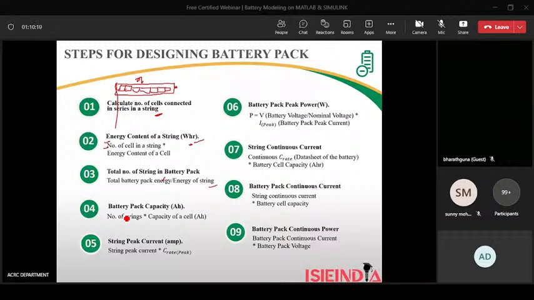Now for the capacity calculation, the battery pack capacity, what do we do? We simply calculate the number of strings. The string is the single one where we connected the cells in series. So this makes one string. Now the same thing, this one will make a second string.